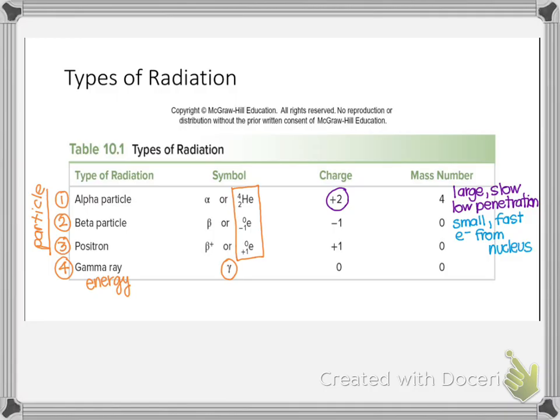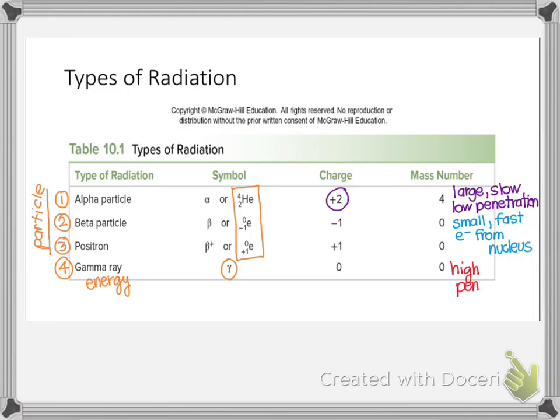And then a positron, which would be similar in size, but instead of being negative charge like an electron, it's a positive charge. And this is the result of when the protons transform into neutrons. So it's the opposite. Again, so this is all happening within the nucleus, and then this radiation is emitted out of the nucleus. Now, gamma rays, they are so much energy, so they're not particles, but they have a really high penetration.